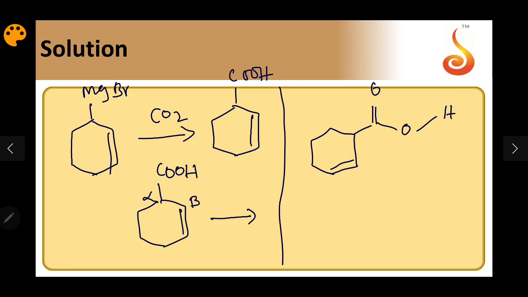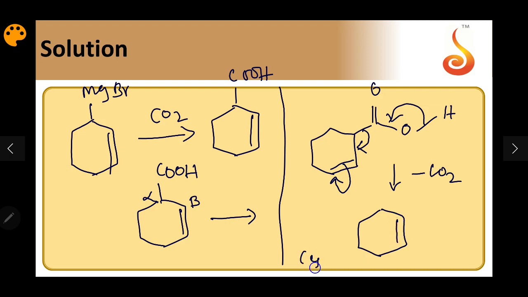So this will go here, this comes here, this goes here. So the H will come over here, minus CO2, I will get a double bond here, cyclohexene. Okay, so beta unsaturation need not be only beta keto, beta unsaturation can also undergo decarboxylation.